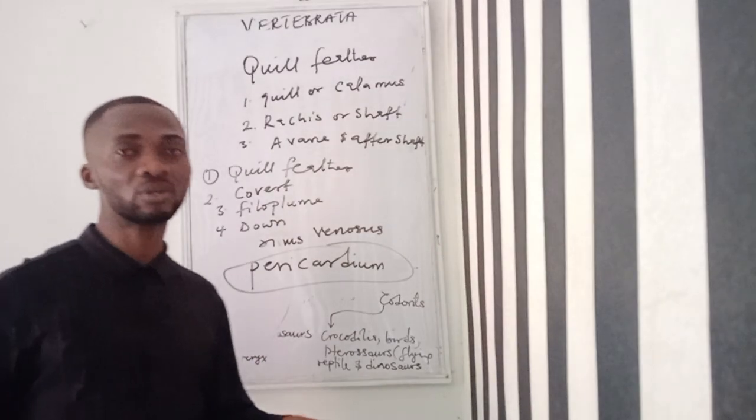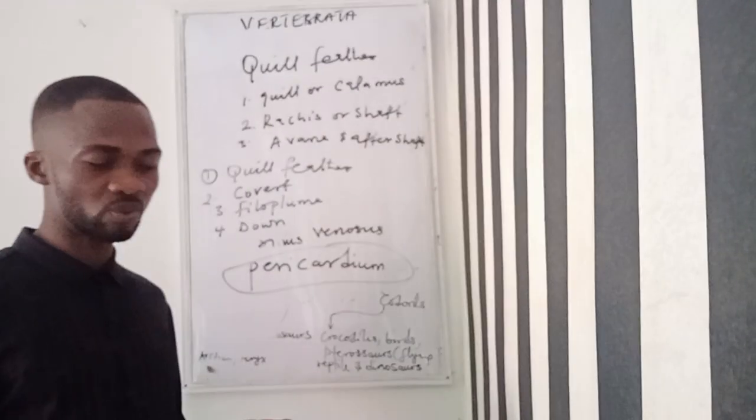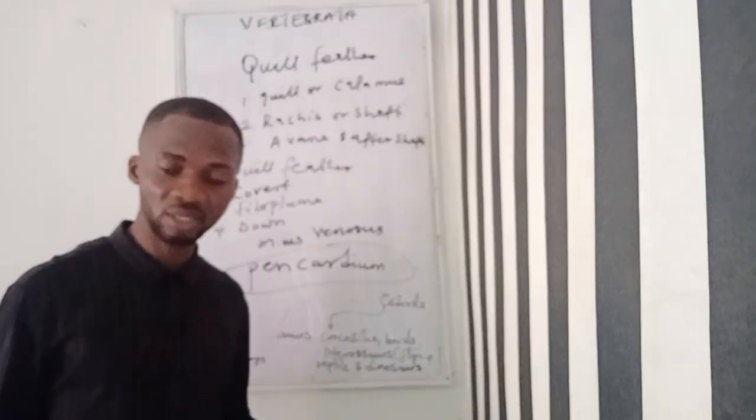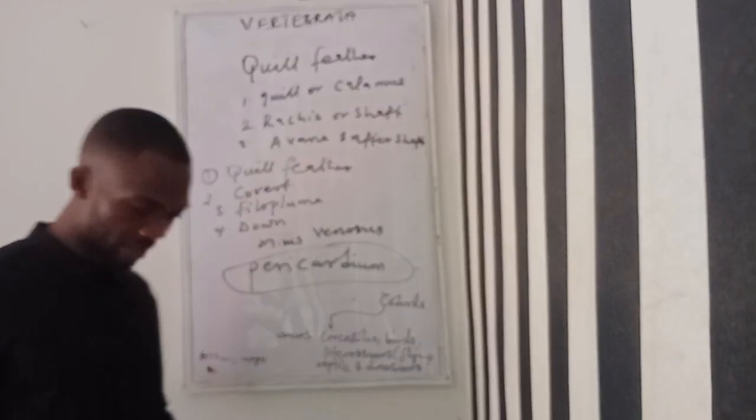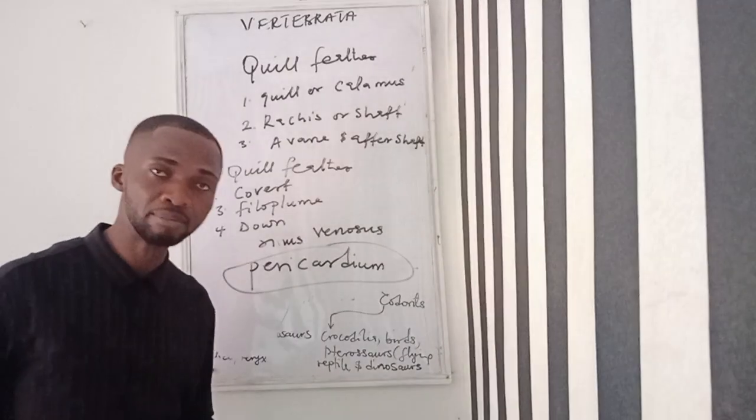The night ones are called the nocturnal. The ones that see clearly during the day are called the diurnal. Then lastly, we have mammalia.